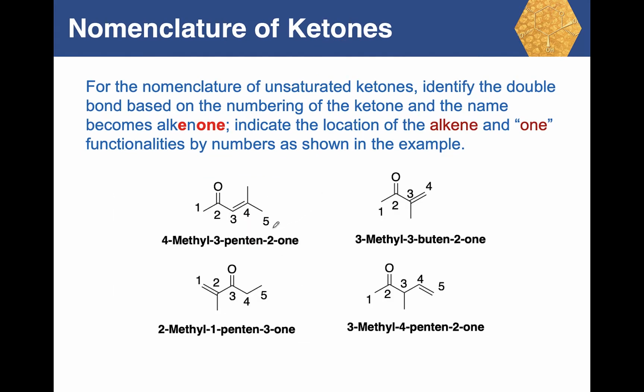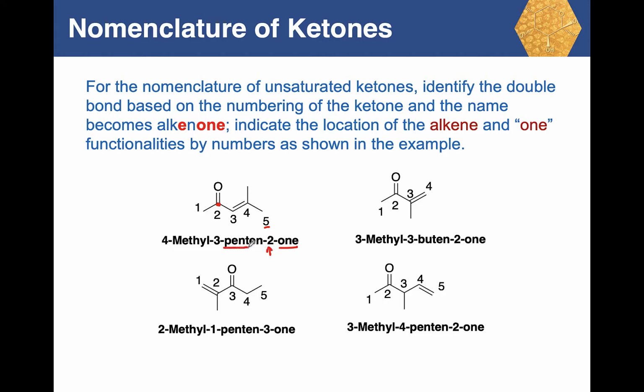So here's an example. So this molecule here, you have to recognize it as a ketone. Here's the carbon-oxygen double bond. We start numbering at the end closest to the carbon-oxygen double bond. So it's 1, 2, 3, 4, and 5. 5 represents a pentane. But since it's a ketone, it's an -one, and the -one is on carbon number 2, which we have to indicate here.